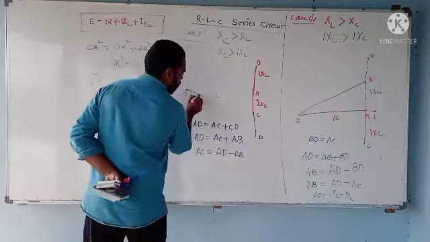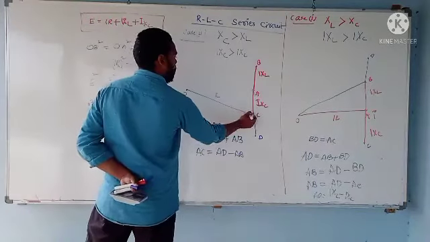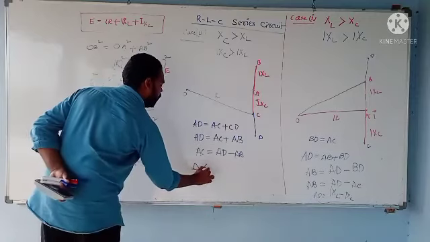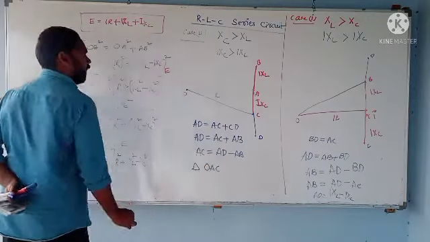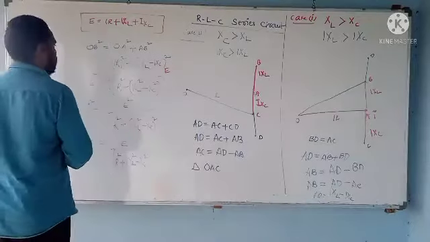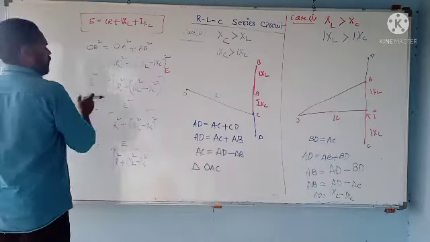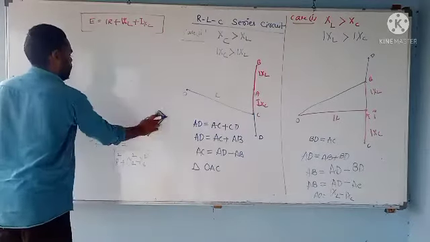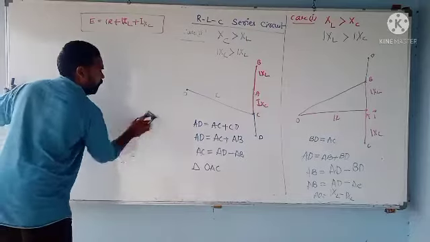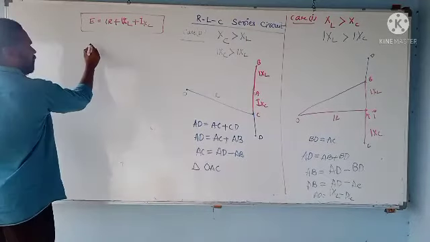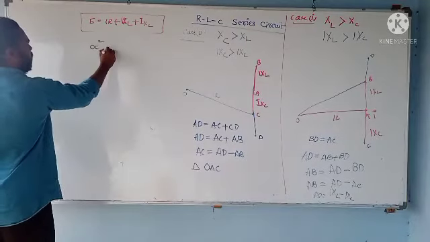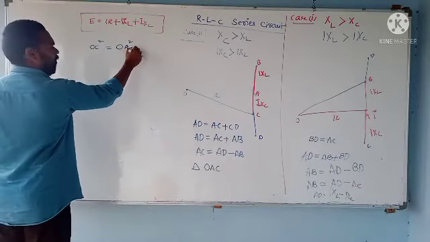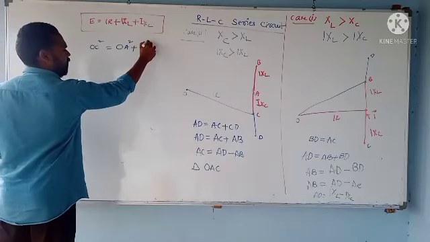Now triangle OAC is a right angle triangle, and again I am applying the Pythagoras theorem. So OC square is equal to OA square plus AC square.